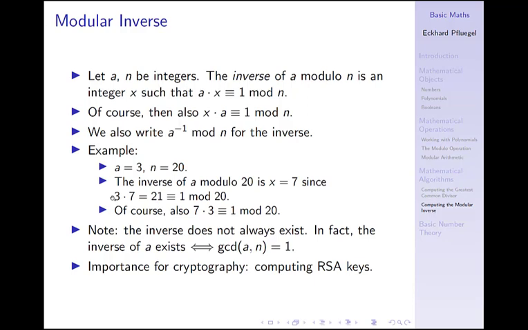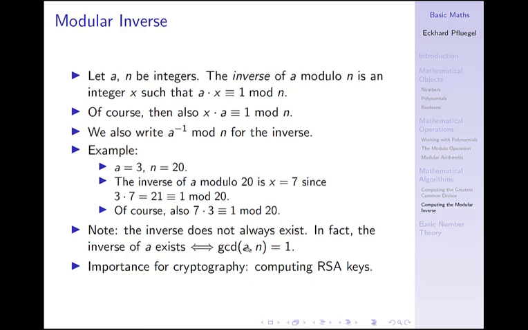So for small numbers, it's fairly straightforward to do trial and error and work out the modular inverse. Sometimes, though, it doesn't exist. It doesn't always exist, and in fact, we can state exactly the conditions under which the inverse will exist: if and only if the numbers a and n are co-prime.